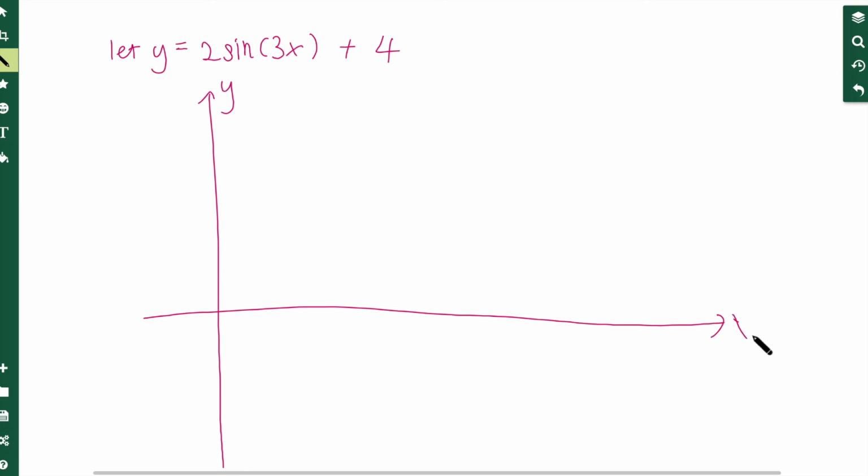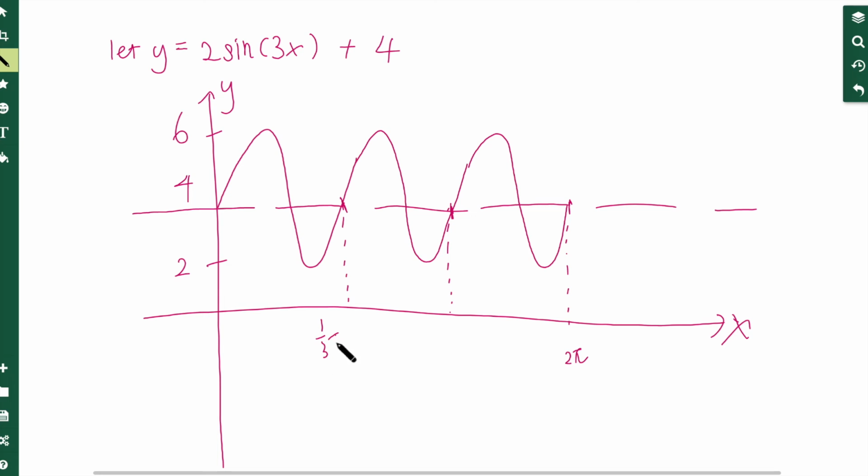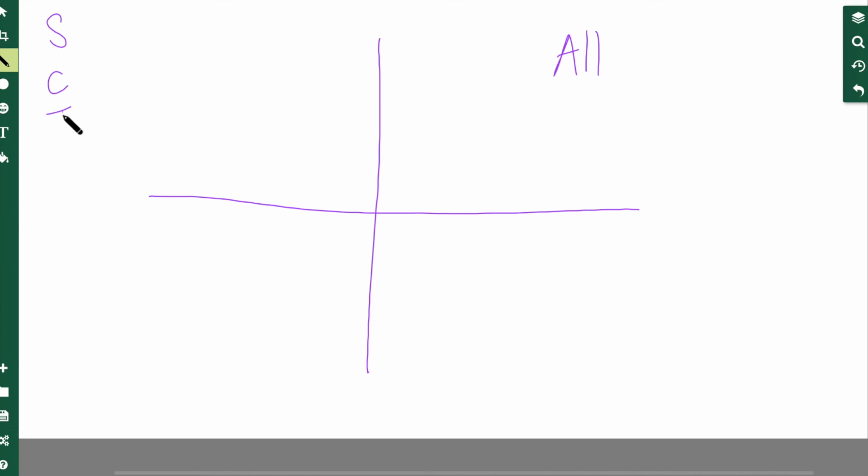Since we know a regular sine function reaches 1 at pi over 2 radians or 90 degrees and negative 1 at 3 pi over 2 radians or 270 degrees, we know the turning points will be at 30 degrees and 90 degrees. Also, since the amplitude is 2, we can find the turning points as 4 minus 2 and 4 plus 2. All trig graphs are also recurring, so the exact same graph will repeat for 120 degrees to 240 degrees, and so on.